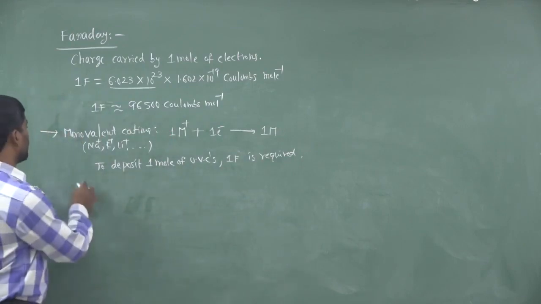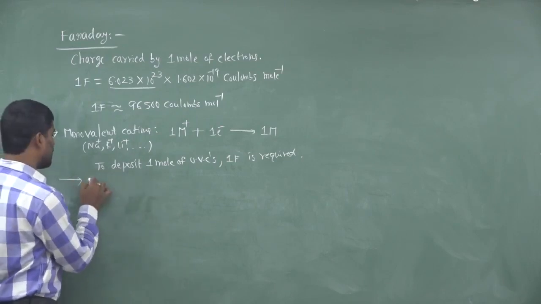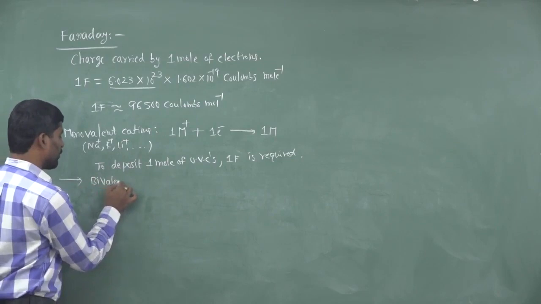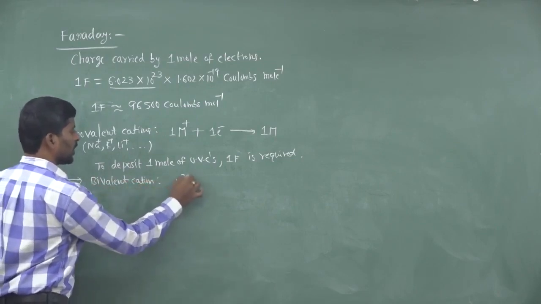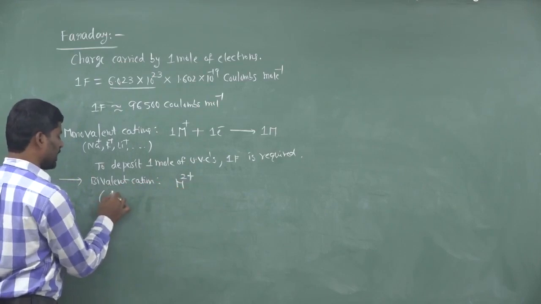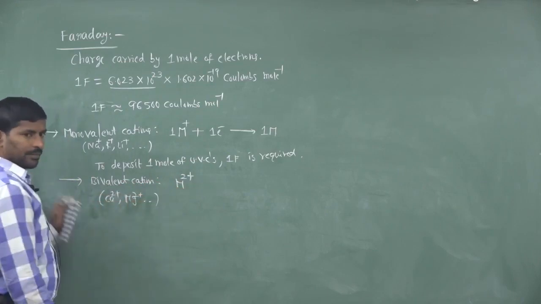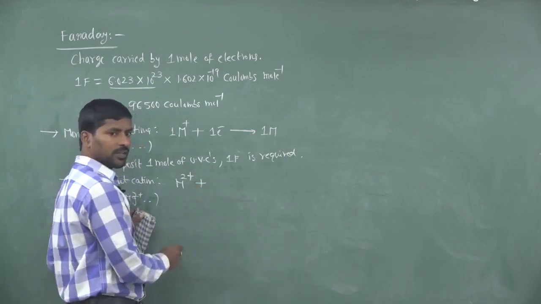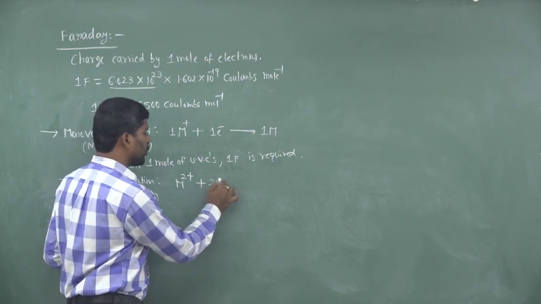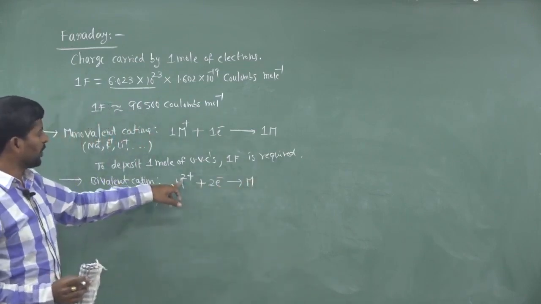Okay. Now let us consider we want to deposit 1 mole of bivalent cation, for example M2 plus, calcium 2 plus, magnesium 2 plus, etc. To deposit 1 mole of bivalent cation, how many moles of electrons are required? 2 moles of electrons are required, to neutralize 2 units of positive charge.